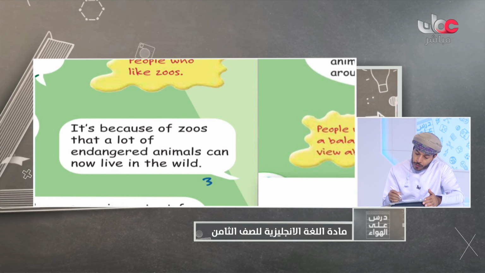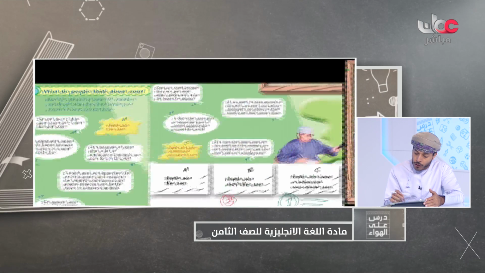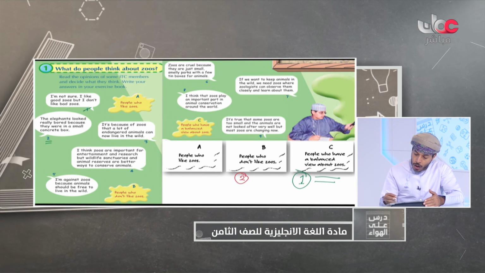So we can put them close to our eyes and we can visit and see them. So number 3 is going to be for group A. Okay, so this one likes zoos.